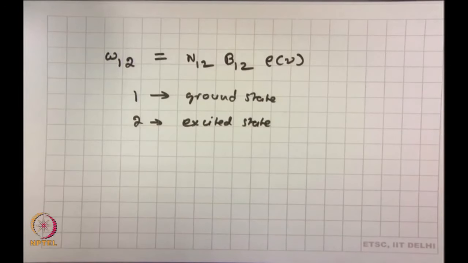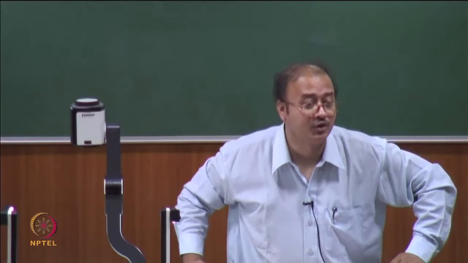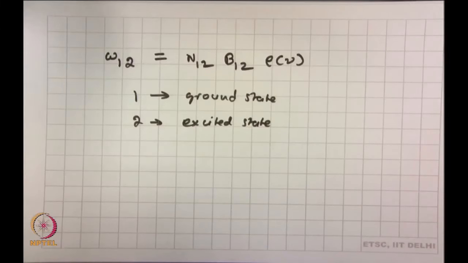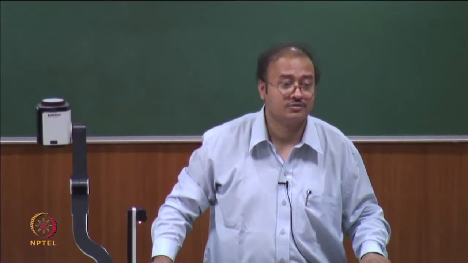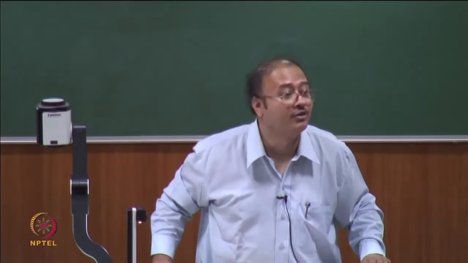Where have you seen this before? Rho nu, you have seen this before, tell me where. What was the first thing you did in quantum mechanics before you actually went on to the postulates? Yes, you did that, you did black body radiation.